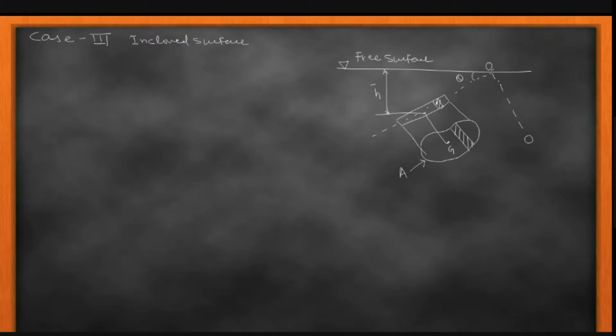The height of this strip from the free surface we take as H. And let's say the pressure force is acting over here, that is F. This point I'm considering is the center of pressure, and its height from the free surface is H star.